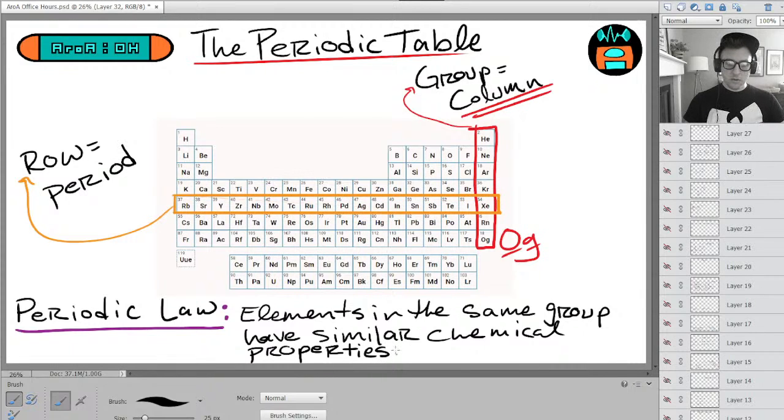All right, elements in a group have similar chemical properties. So again, all the columns tend to be a family of reactivity that all behave similarly.